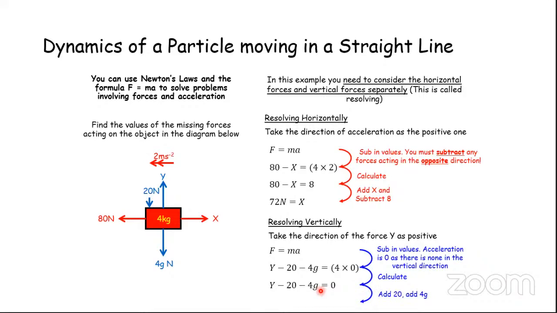Adding the 20 and 4g on the right hand side, our y is equal to 20 plus 4g. When you substitute g as 9.8 and get 20 plus 4 times 9.8, you should get this value of 59.2 newtons.